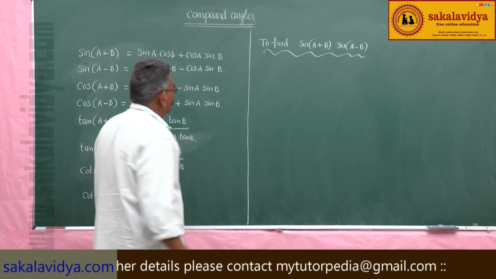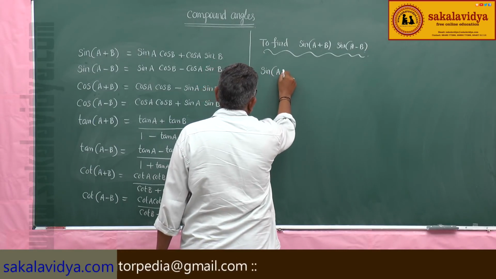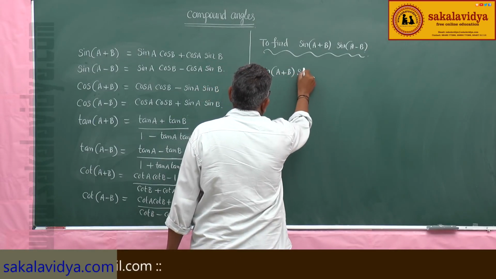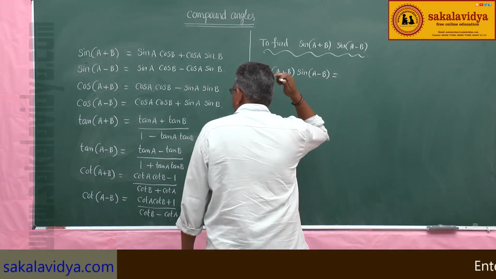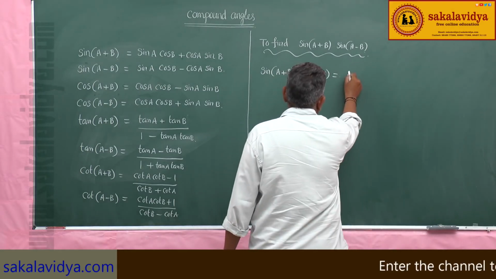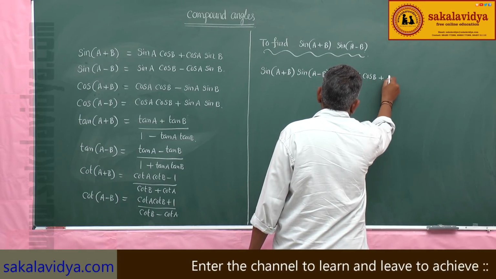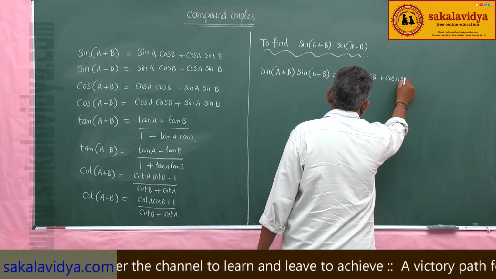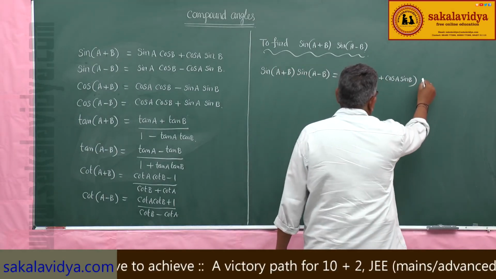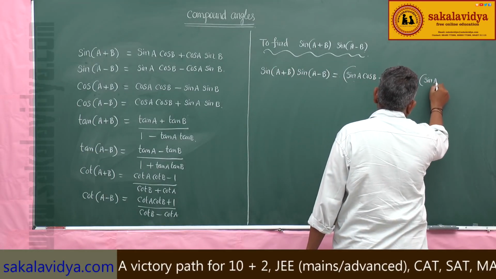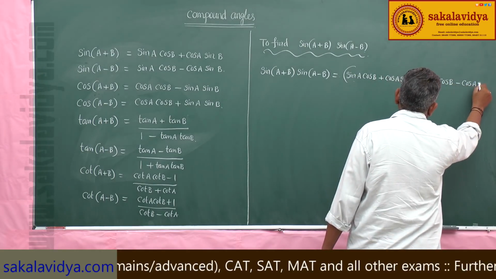So, sine of A plus B into sine of A minus B is equal to sin A cos B plus cos A sin B, into sin A cos B minus cos A sin B.